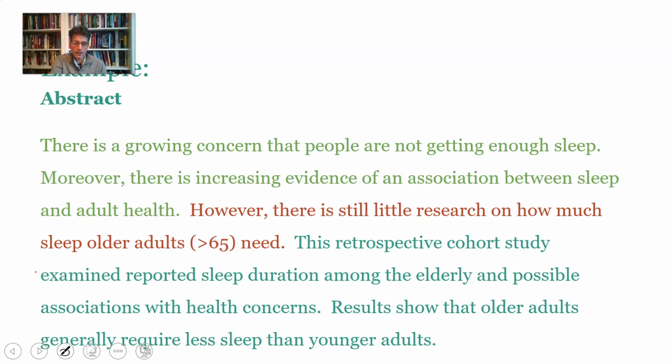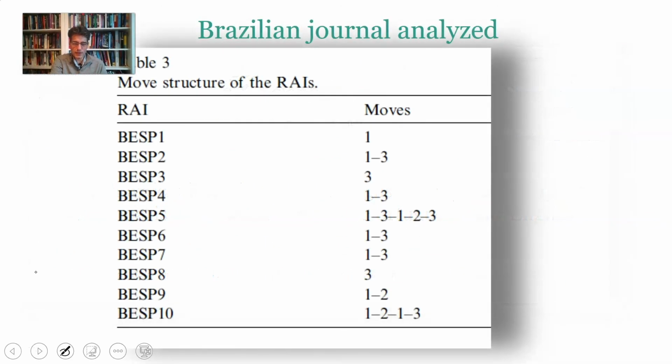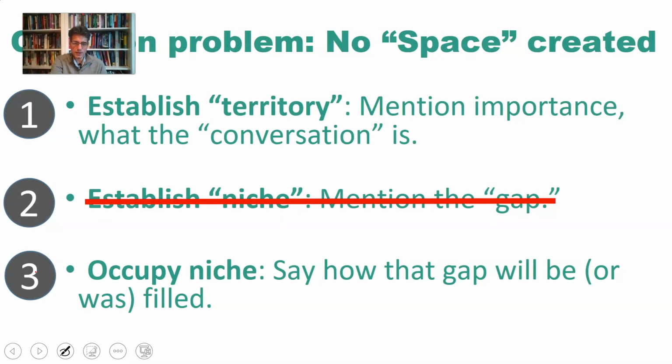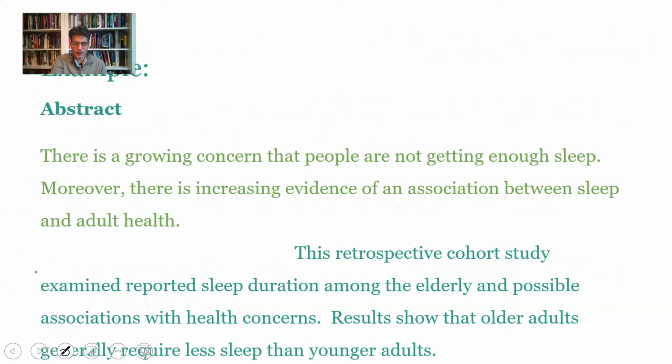Now, what would that look like if one of those elements was missing? As I mentioned, the Irano research shows that especially move two is missing. That's the niche. If you take that away, you take your research space away. And it would look like this. There is a growing concern that people are not getting enough sleep.